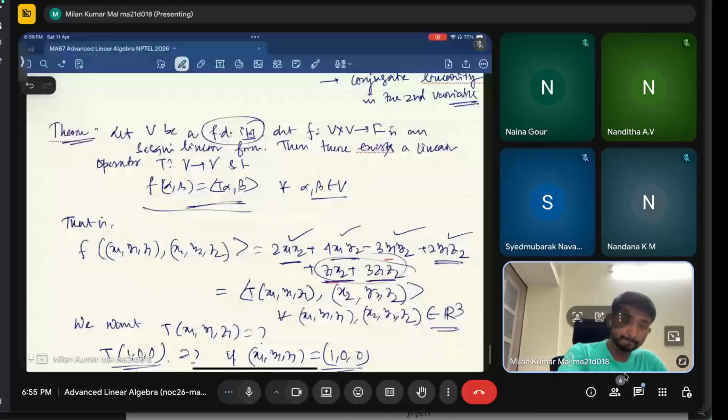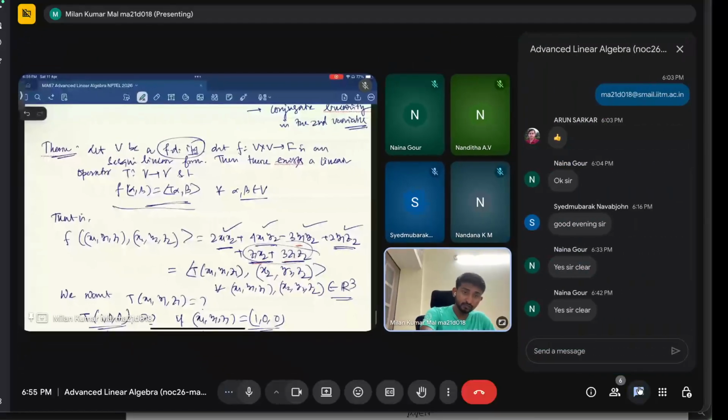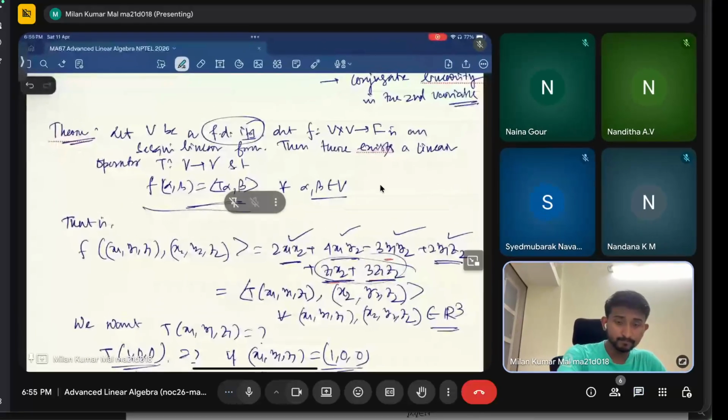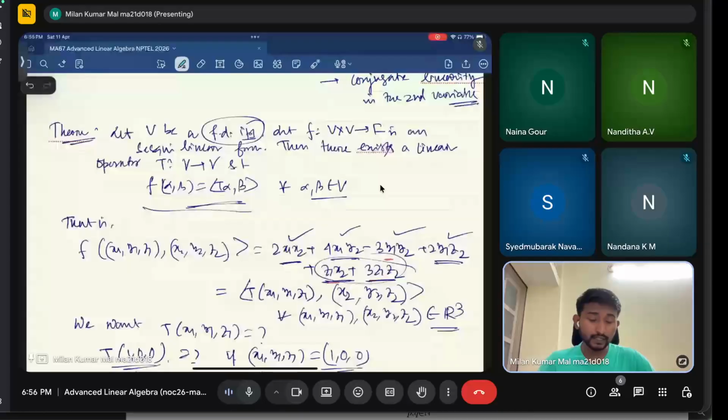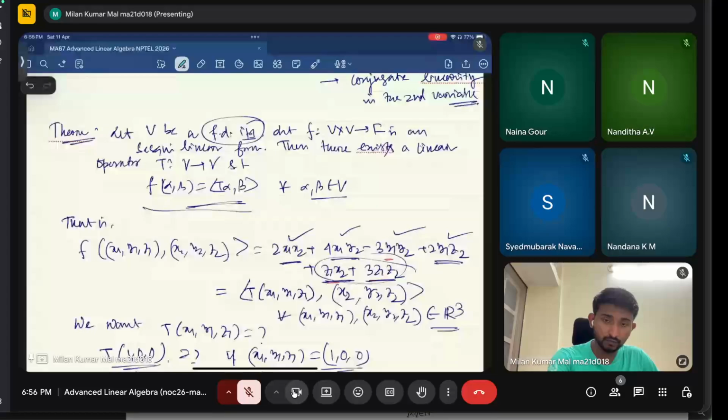So is it clear? Is there any doubt in this problem, any argument or any computational step? If there is any doubt, please let me know.